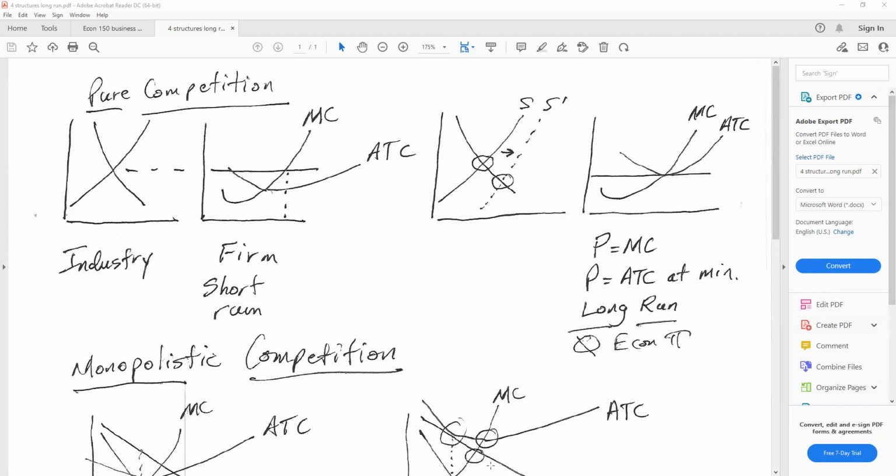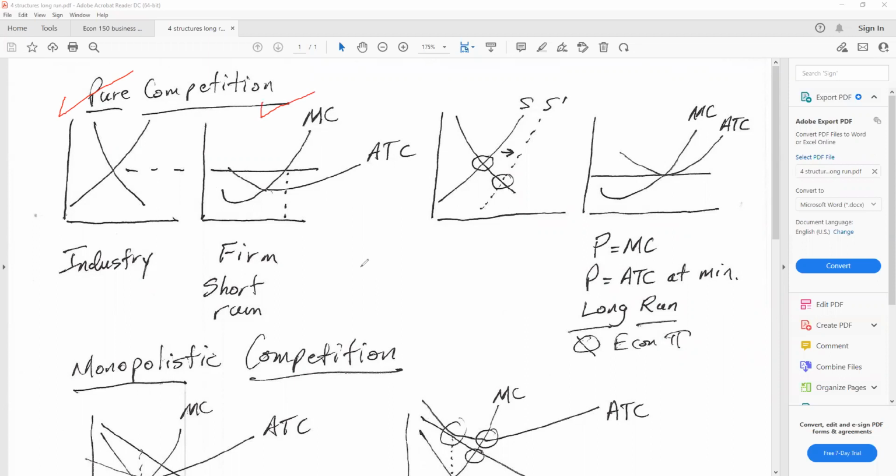Over here, we have the industry supply and demand curve. And then we have the firm, and we see that the firm graph or picture is different than the industry. That's a very important thing to recognize. But all of the firms make up the industry.